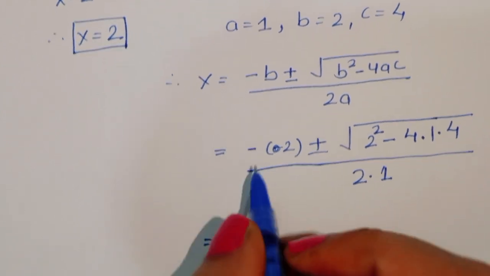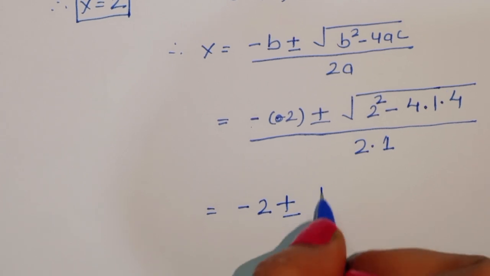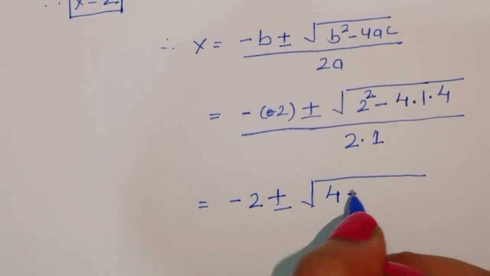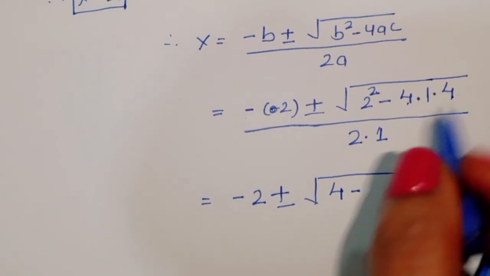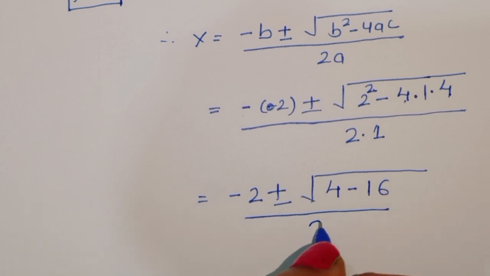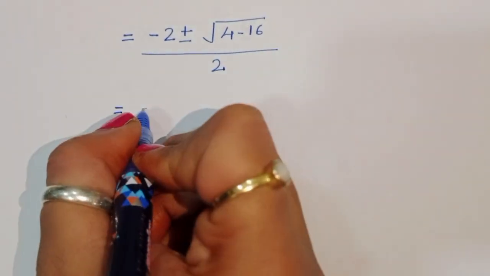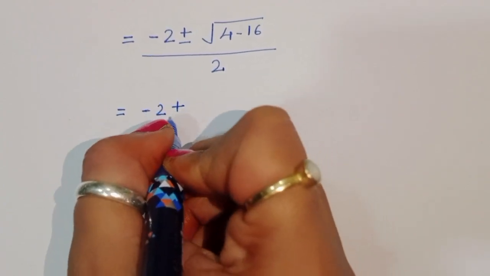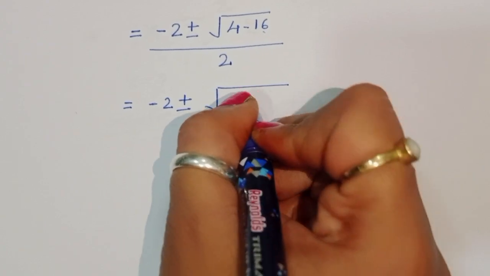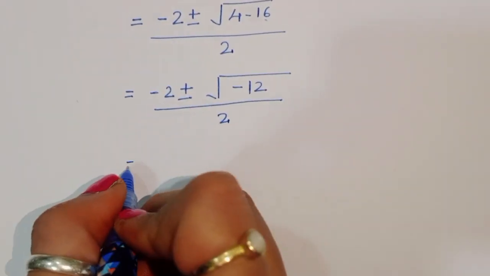Now it is equal to minus 2 plus minus square root of 4 minus 16 divided by 2, which is minus 2 plus minus square root of minus 12 divided by 2.